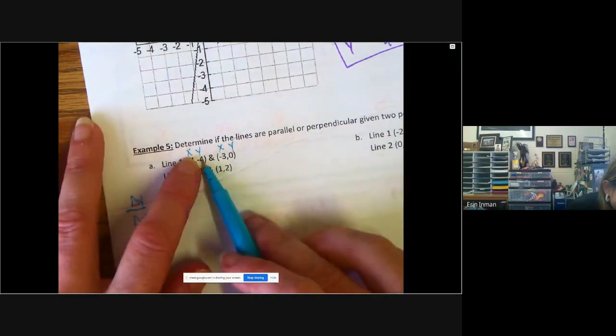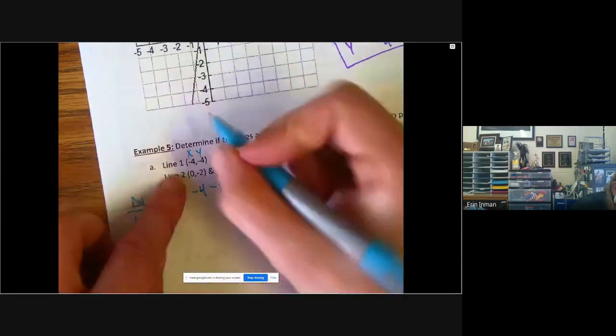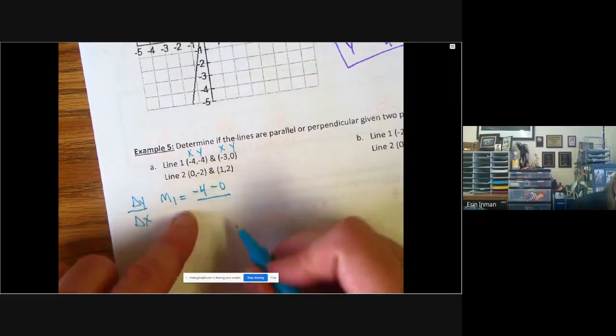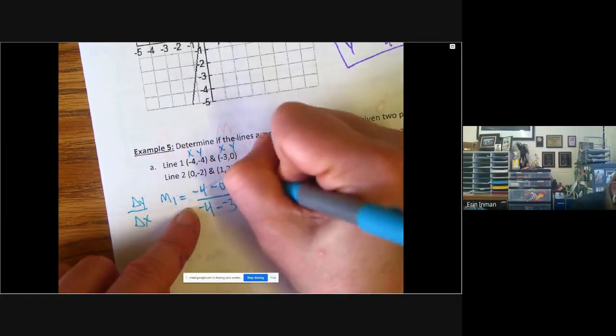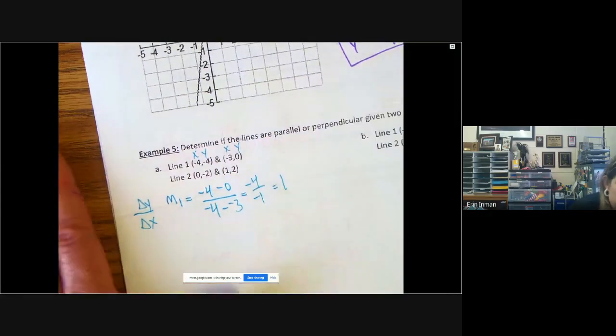So I could just do, as long as I do y minus y, so negative 4 minus 0, and then I have to start with the same ordered pair that I started with. So it'd be negative 4 minus negative 3. And that's going to simplify out to negative 4 over negative 1, which is 1.